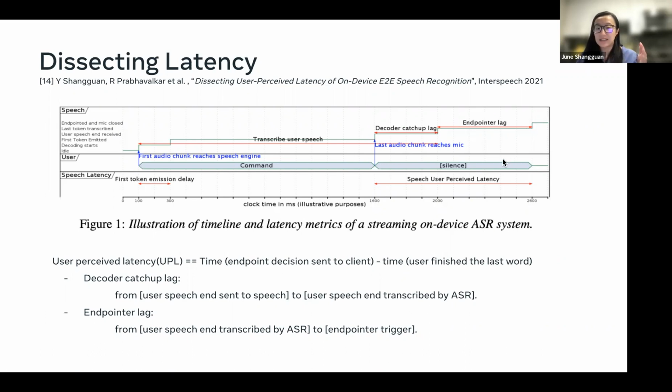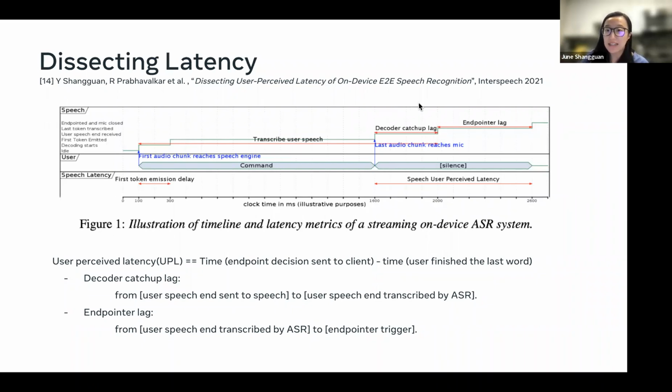We define it as the time from when the client stops speaking to when the microphone is closed. And this is a very reasonable definition, because the downstream NLP tasks wait for the microphone to be closed before they start running. So this latency is definitely passed down if you have an application like Assistant.